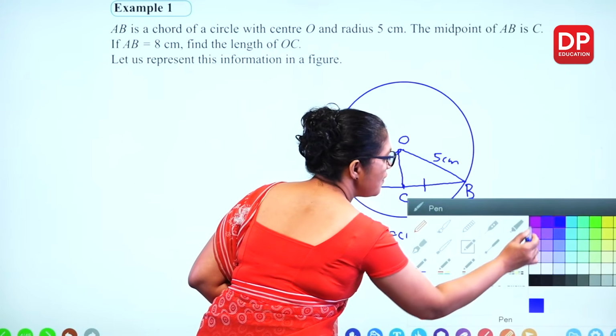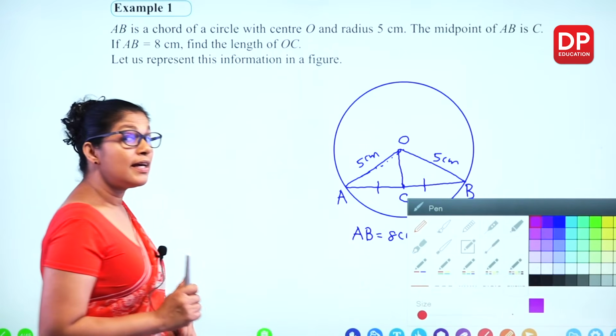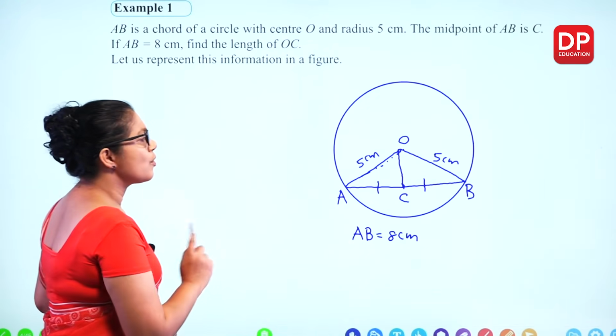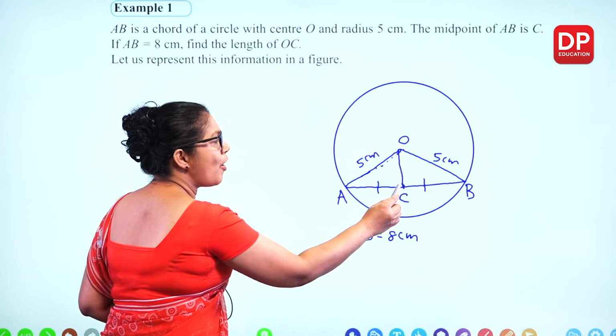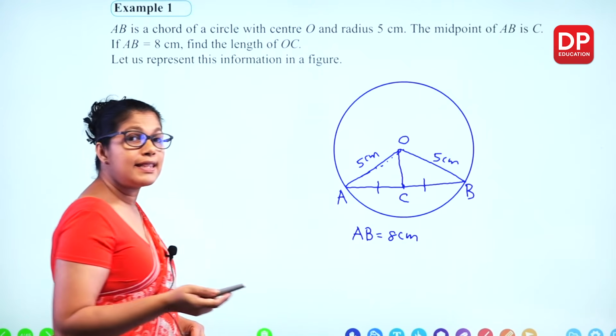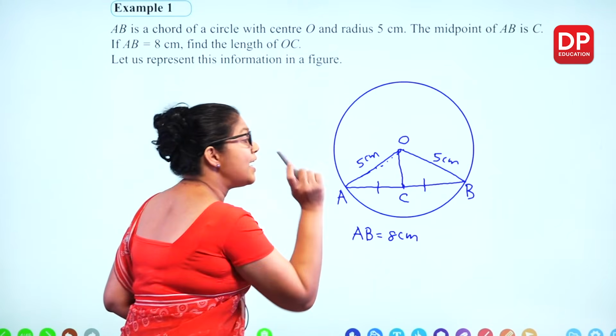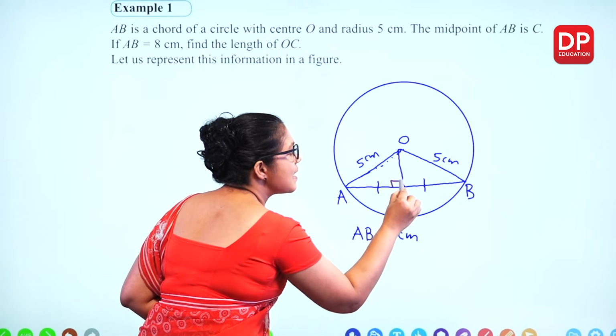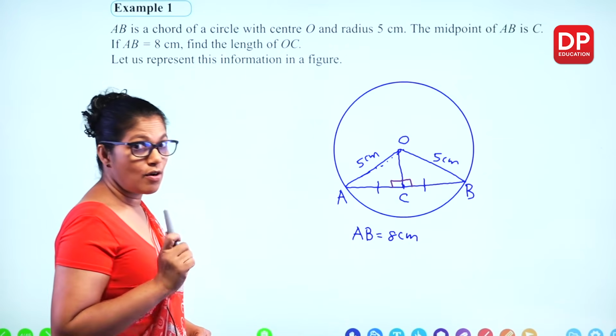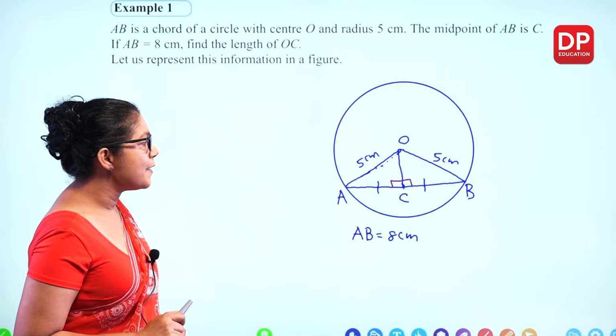So how can we use theorem number 1? Here this is the midpoint and this is the line joining the center with the midpoint of the chord. So we know that this is perpendicular according to theorem number 1.